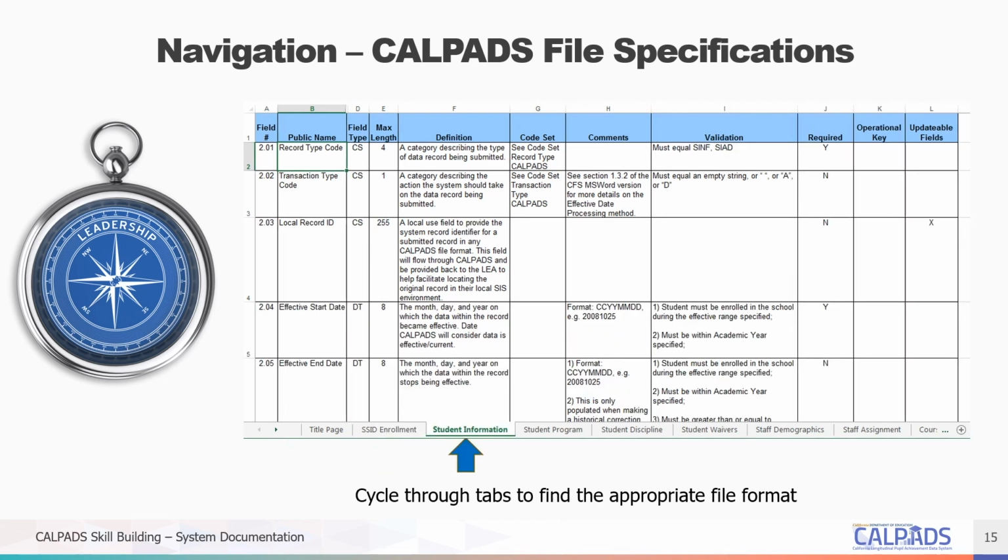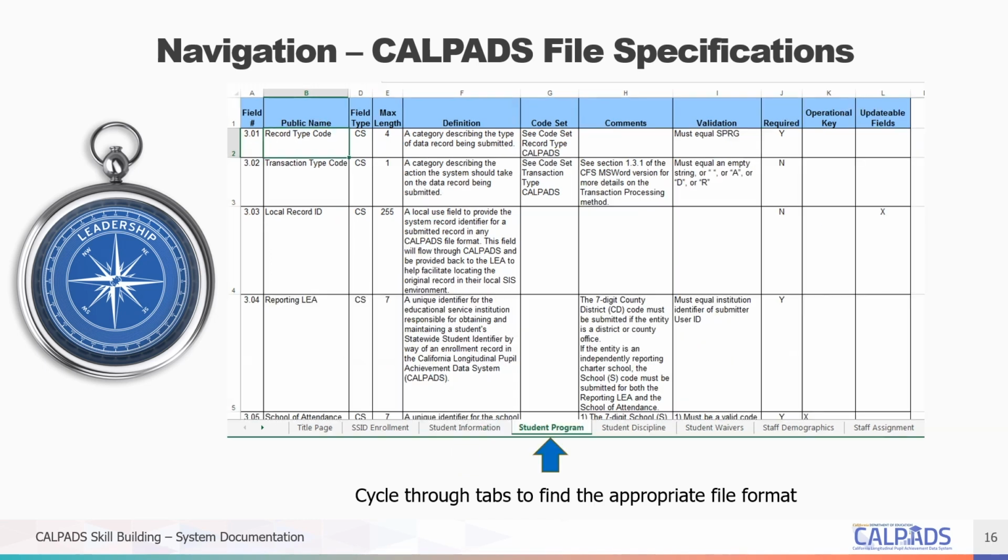The next tab is the Student Information tab, which contains information on the CALPADS policy and business rules as they relate to individual fields within the Student Information file type. The Student Information file type is often referred to with the abbreviation SINF.